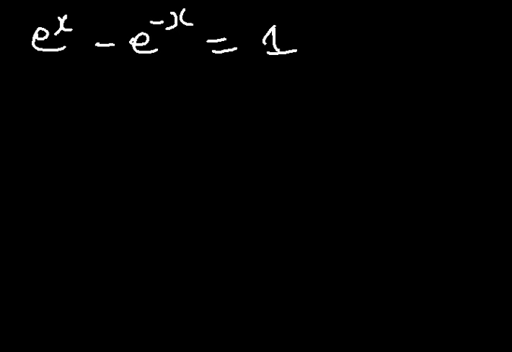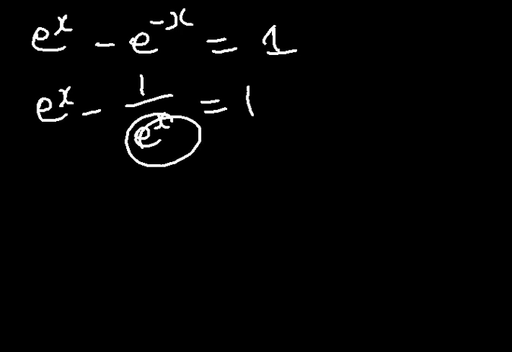So now using the laws of indices, you should understand that this is the same as e to the power x minus 1 over e to the power x, which is equal to 1. So we should multiply everything by e to the power x.